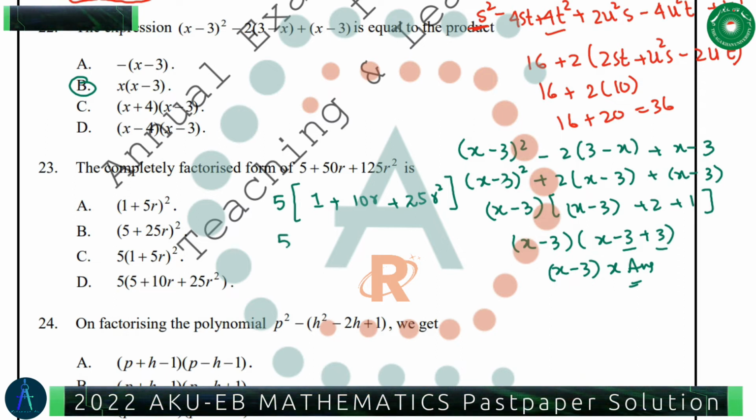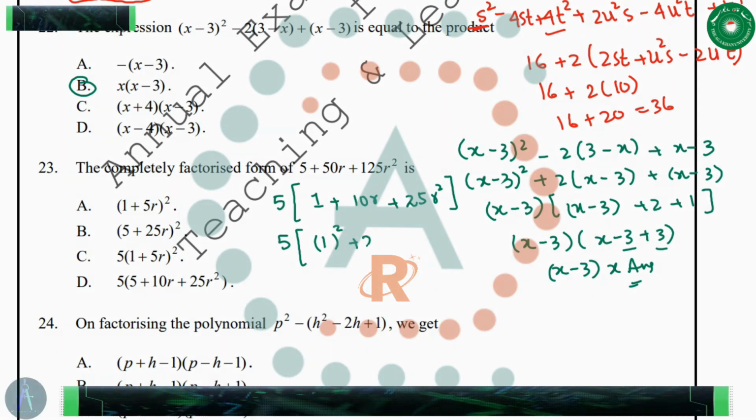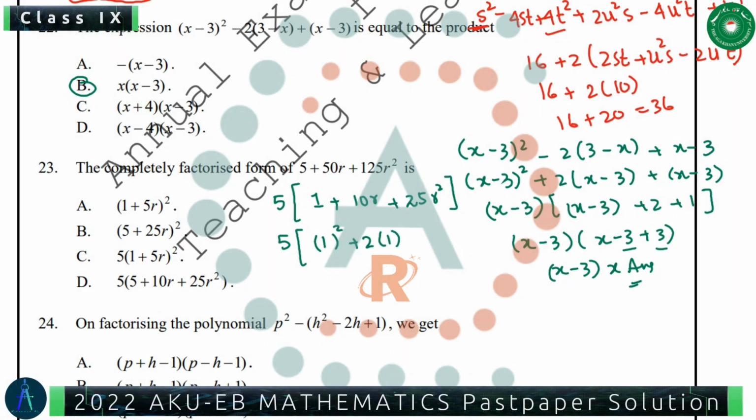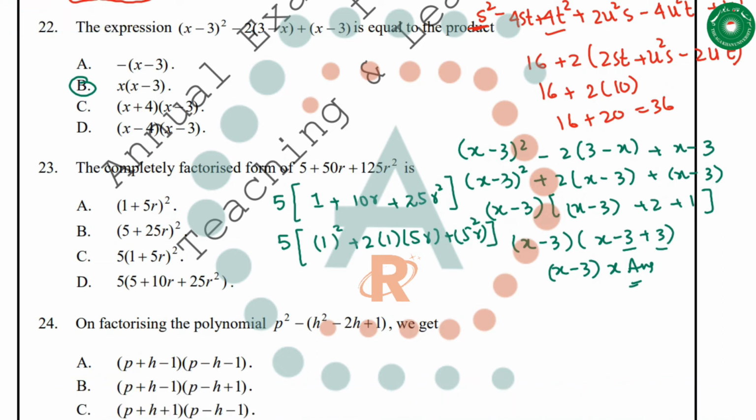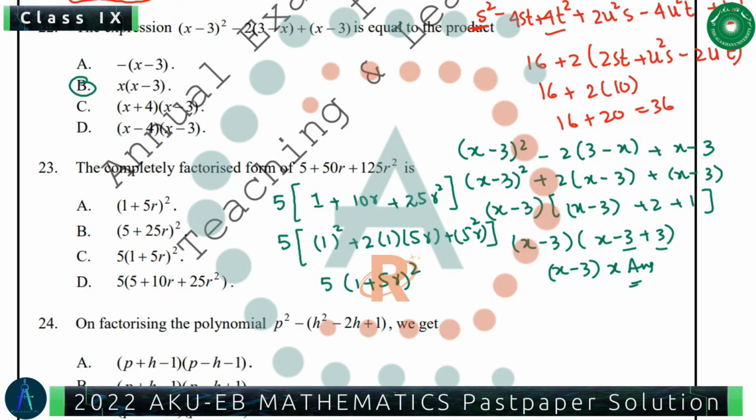So the expression inside this bracket we solve with the perfect square formula: 1 square plus 2 into 1 into 5r plus (5r) square. So as we can see, we have a perfect square form, 5 into (1 plus 5r) whole square. So the factorized form of this is in option C.